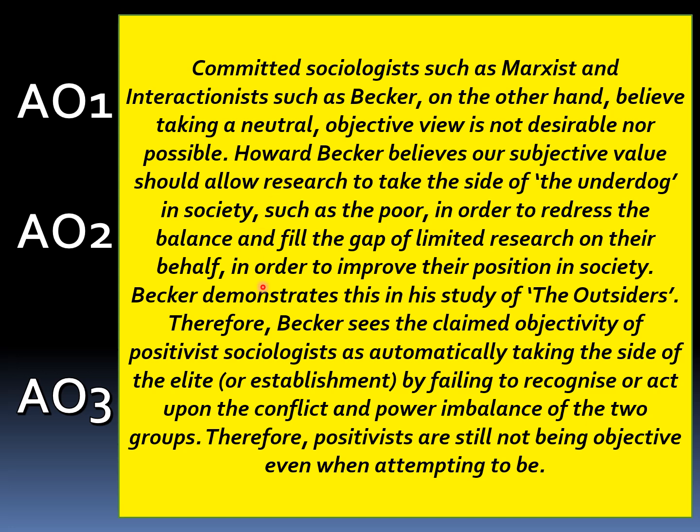And he demonstrates this in his study of the outsiders. And we end with our AO3, this claimed objectivity of positivist sociologists taking the side of the elite by failing to recognise or act upon the power imbalance of the 2 groups. And therefore, within that comparison, positivists are not objective even when they attempt to be.